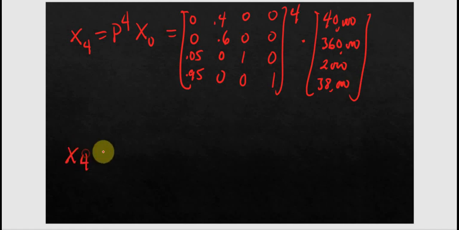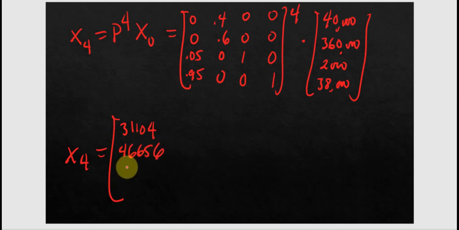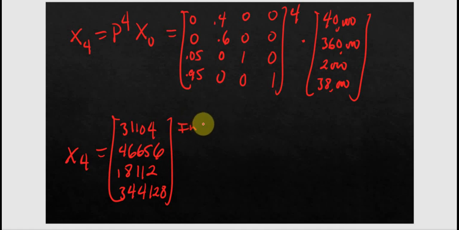And when you work that out, you get, I got this on the calculator, 31,104, 46,656, 18,112, and then 344,128. Now let's see. Now these are the people who will be infected in 4 years.